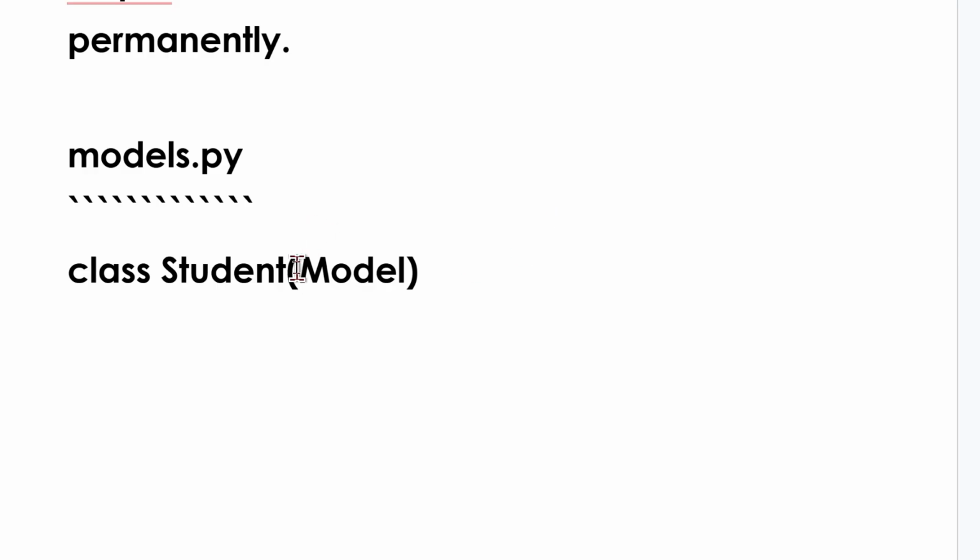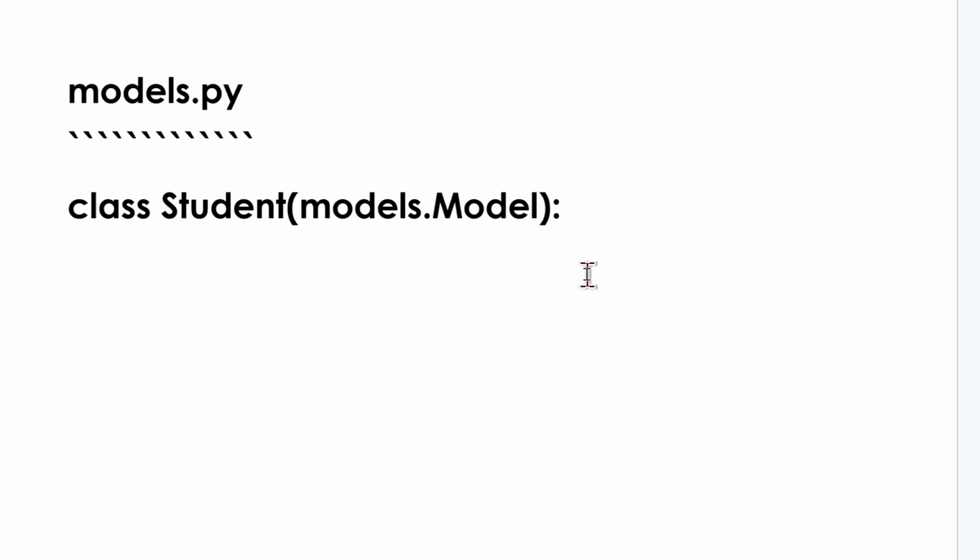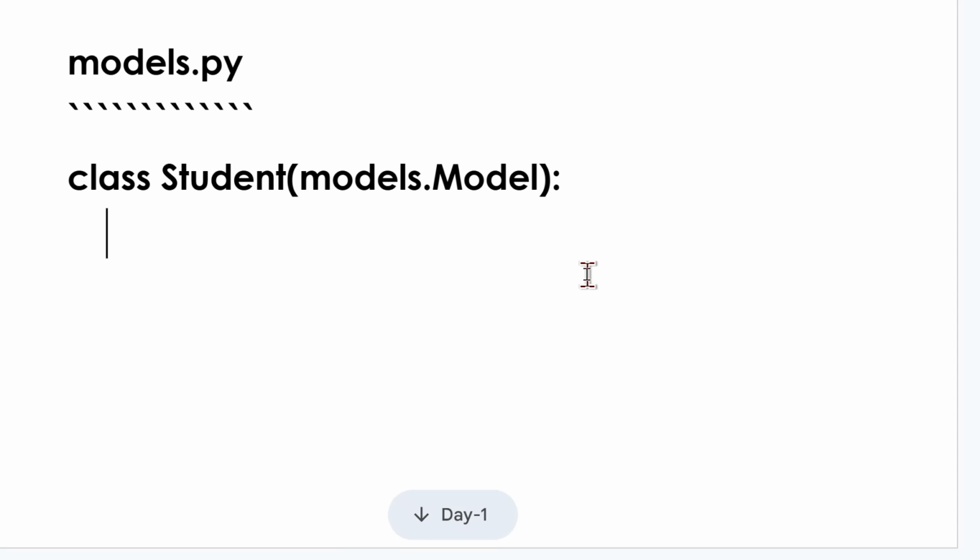But model class is not directly available. So what we need to do? We have to write the package name models.Model, right? And here we will write the fields. Fields are nothing but columns. Whatever column you will use in the table, that column name we will write. So here I want name and roll number.